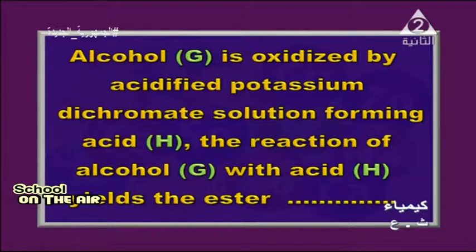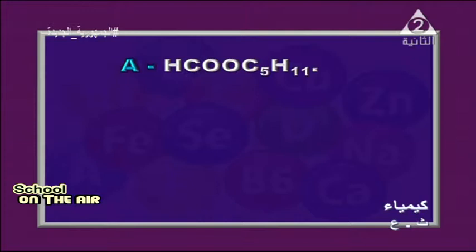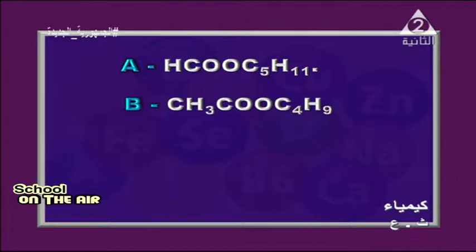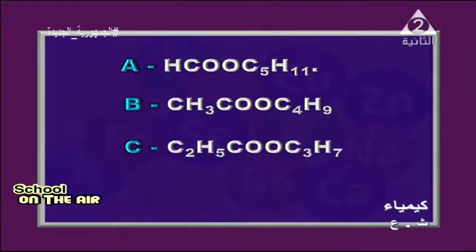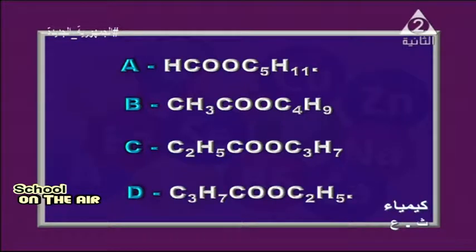Next question. Alcohol G is oxidized by acidified potassium dichromate solution, forming acid H. The reaction of alcohol G with the acid H yields the ester. Which one here? Is it A, HCOOC5H11, or CH3COOC4H9, or C2H5COOC3H7, or C3H7COOC2H5?